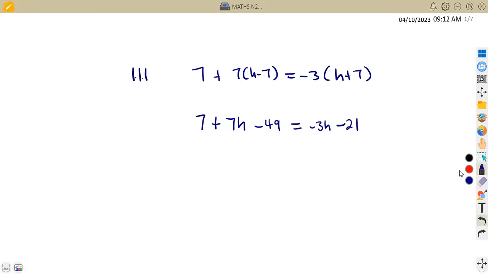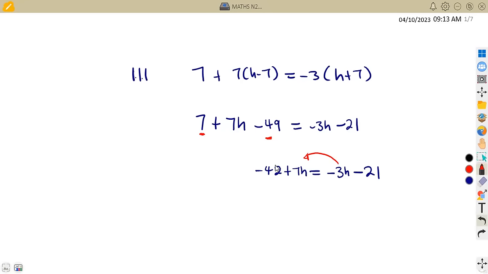All right, so collecting the terms on the left-hand side, we've got 7 and minus 49. So 7 minus 49, that's minus 42 plus 7h, which is equal to, on the right-hand side, we've got minus 3h minus 21.